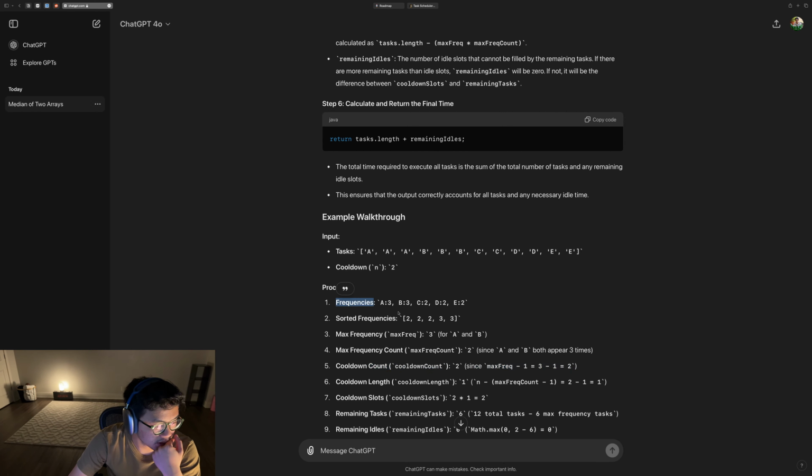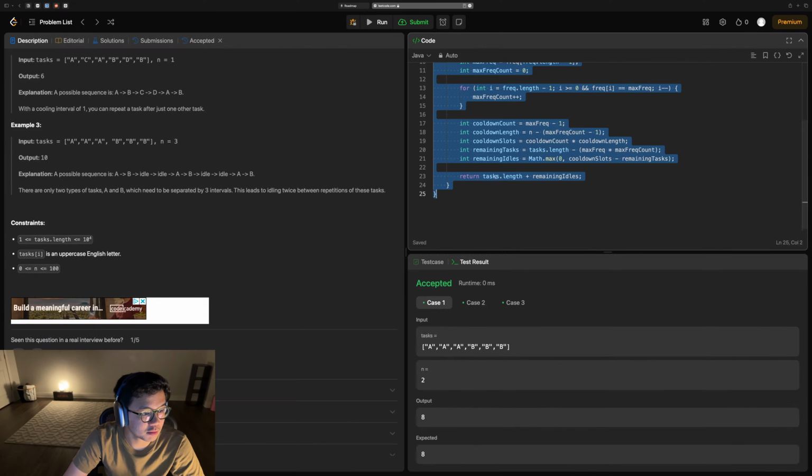Okay, so frequencies. Max frequency is 3. Max frequency count is 2 because A and B both have 3. Cooldown count. I feel like this can be renamed to something better. Num cooldowns.